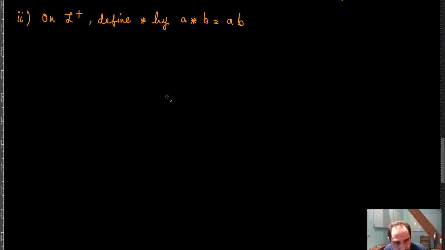So what this means is that you have a binary operation defined on the set of positive integers, which means you have star as a binary operation on the set of positive integers.